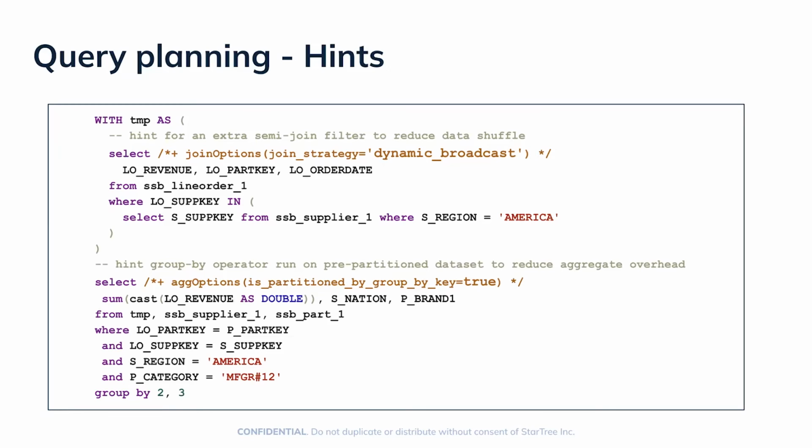In order to do a distinct count for a specific group, you have to compute the actual distinct values for this specific column. But if you know that every single one of your group keys is going to be located within a single server, you don't have to shuffle the entire list of items in your column. You can just return a count.